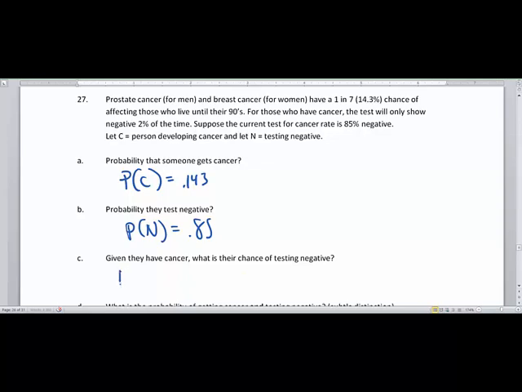This is choosing from the pool of those who have cancer. What are the chances that they show up negative? The good news is it's only 2% or 0.02, and the reason that's good is because the cancer test is 98% effective.